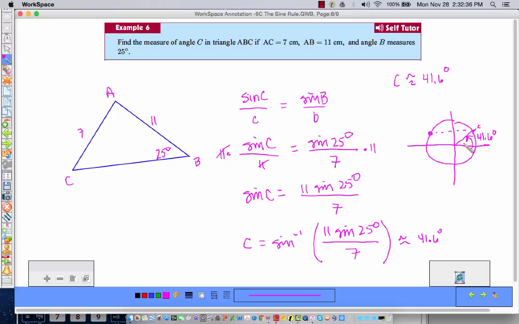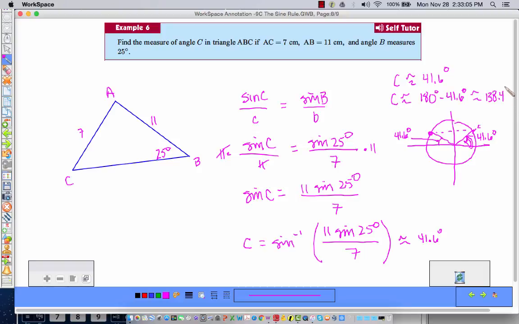The way we find that is we take 180 minus this. So C could be approximately equal to 180 minus 41.6 degrees. That will always put us in the exact right spot, because by symmetry, we're subtracting a 41.6 degree angle, which is approximately equal to 138.4.